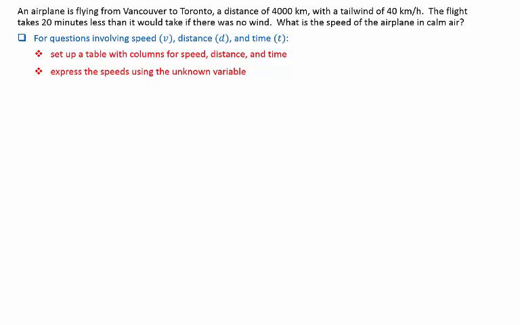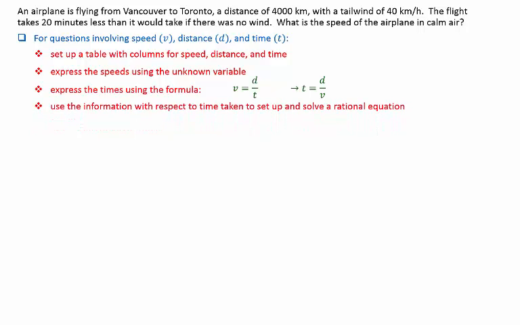Express the speeds using the unknown variable, and express the times using the formula speed equals distance divided by time. This will get rearranged to time equals distance divided by speed. Use the information with respect to time to set up and solve a rational equation.